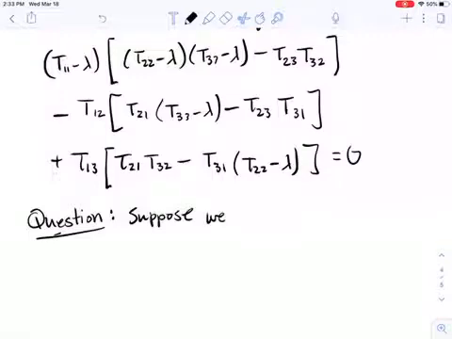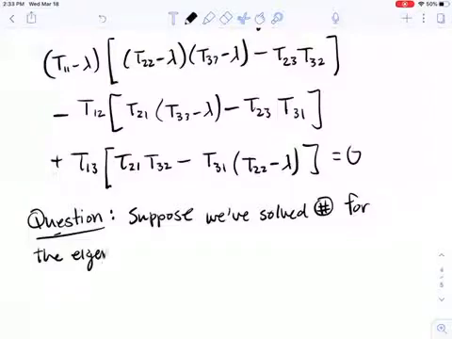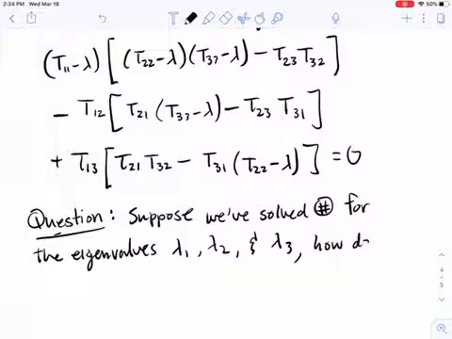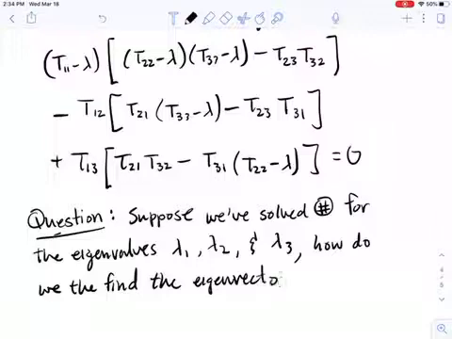Suppose we've solved number sign, which is that determinant equation, for the eigenvalues, lambda 1, lambda 2, and lambda 3, then how do we then find the eigenvectors A1, A2, A3?